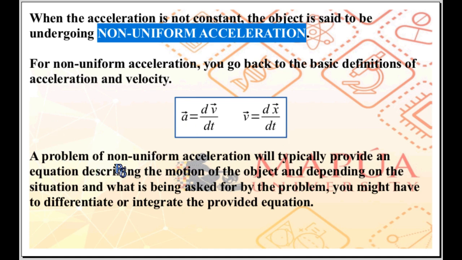A problem of non-uniform acceleration will typically provide an equation that is describing the motion of the object. This is one big difference between problems of uniform acceleration and problems of non-uniform acceleration.